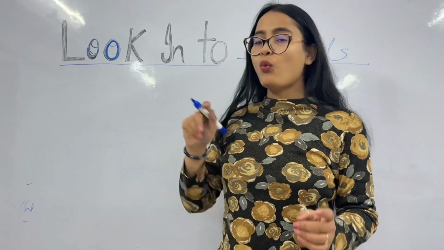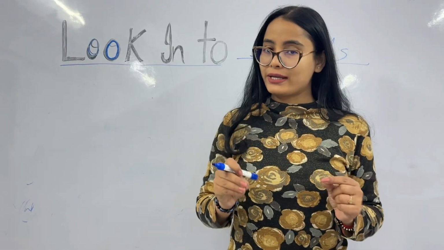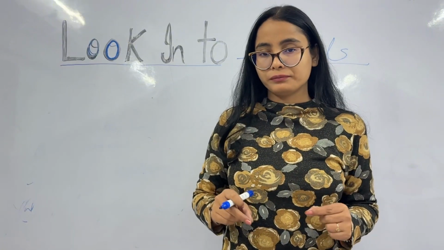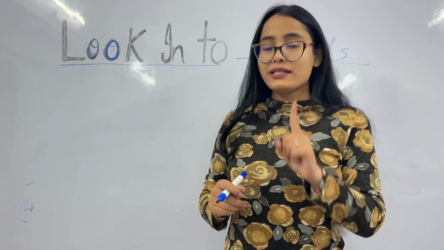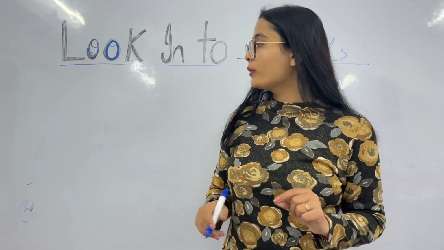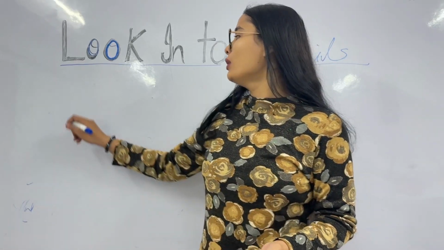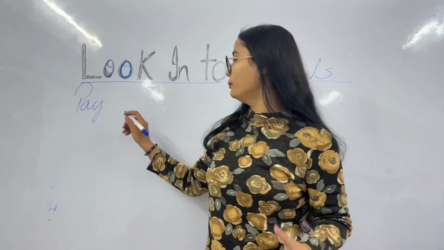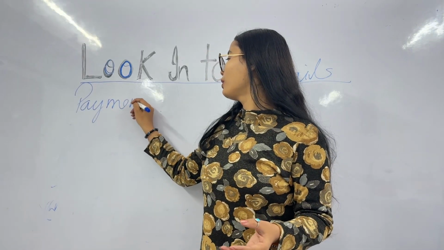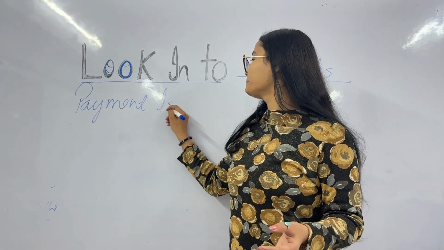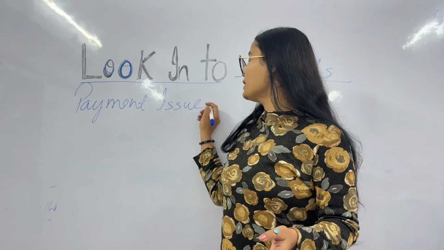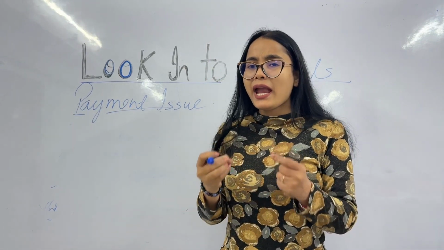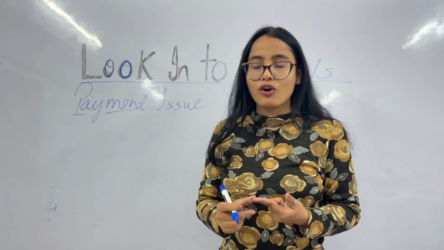I am going to take one common situation and write an example. You can do the same thing in the comment section. Let's take the number one example. Payment issue, which is the most common problem. It is used when there is any mistake in payment or in bill.